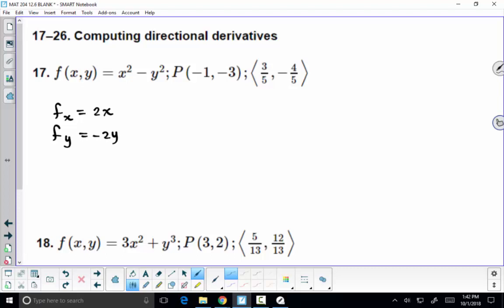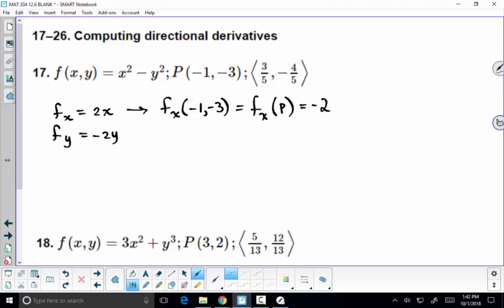And now we're going to evaluate those partial derivatives at p. So I'm going to do f sub x of p, or you can write f sub x of -1, -3. However you feel comfortable writing this, it doesn't really matter. It looks like we only need the -1, so we get a -2.